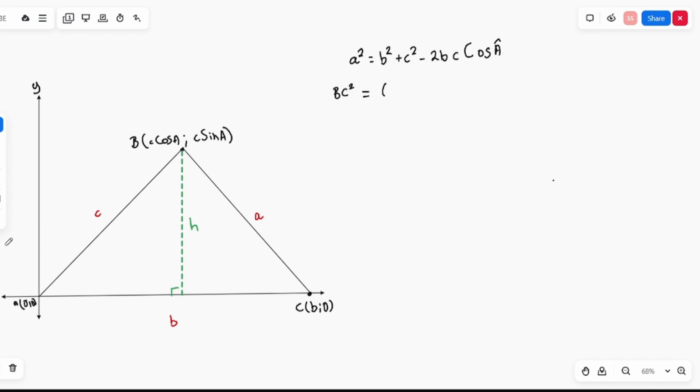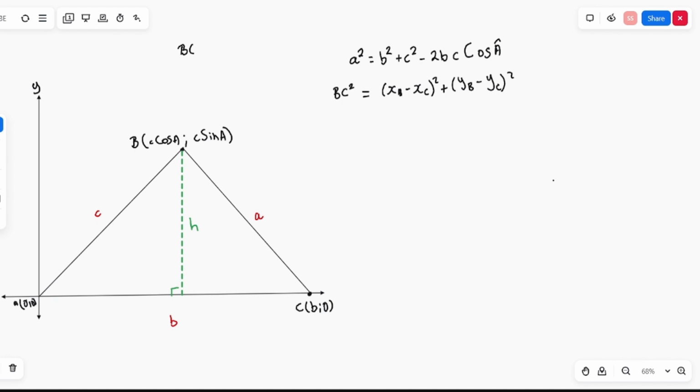We are going to take the x coordinate of B minus the x coordinate of C, squared, plus the y coordinate of B minus the y coordinate of C, right? Squared.